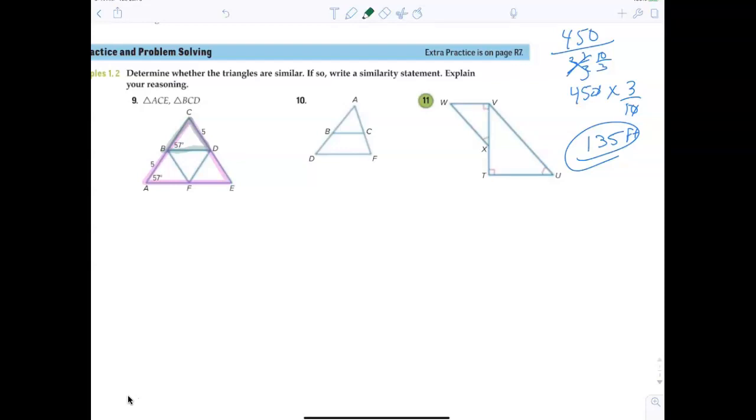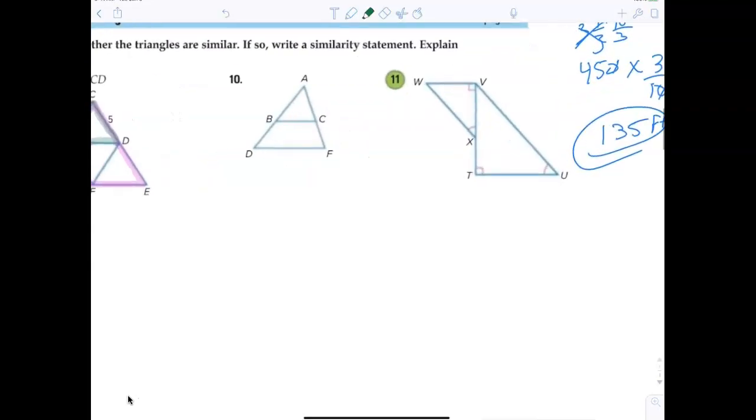All right. Now if I say what other angle is congruent, you could say CBD and CAE. Question. Do I agree with that? All right, so that one is true. All right, what about number 10? Definitely a what? A big fat what? No. No, the reason why is because we don't know if BC is what?